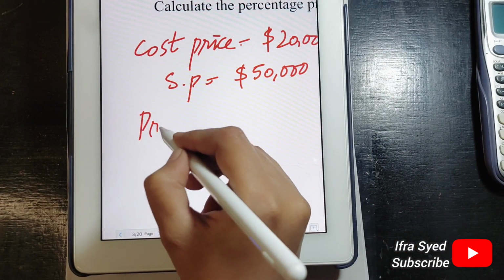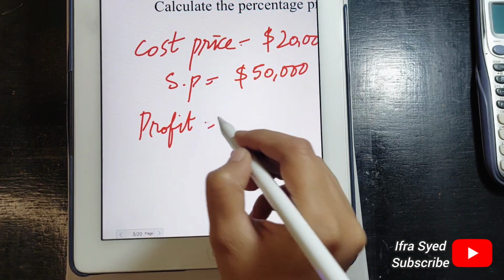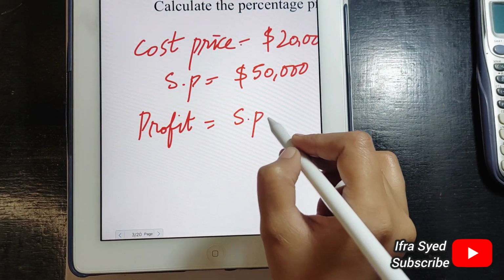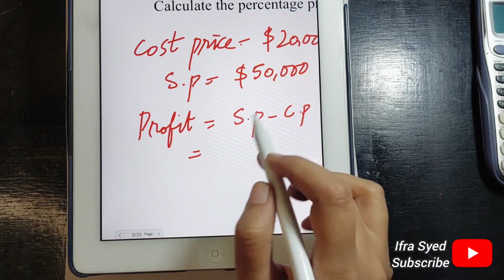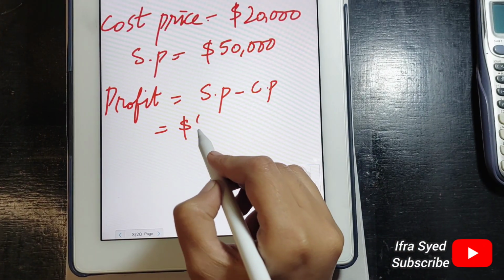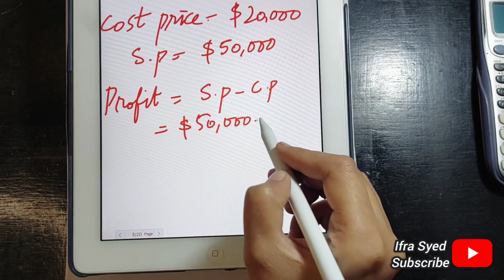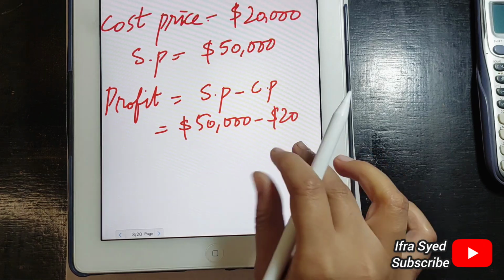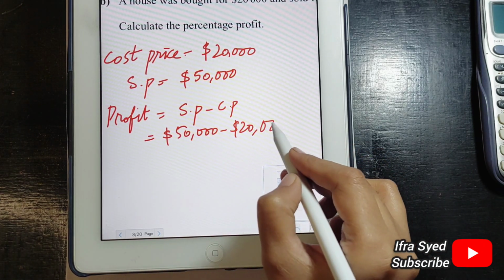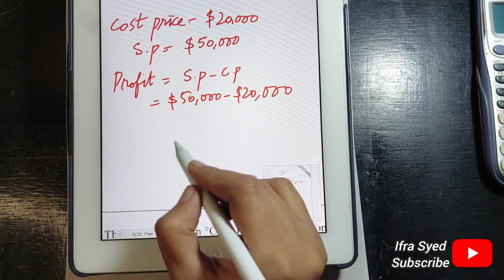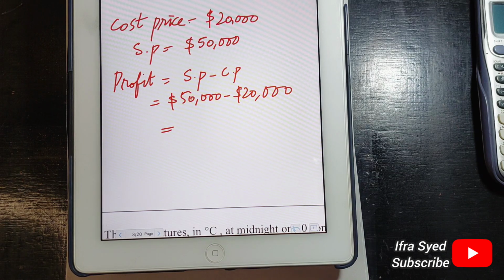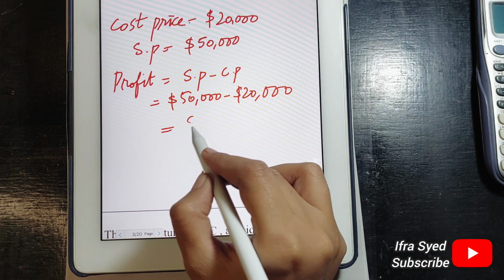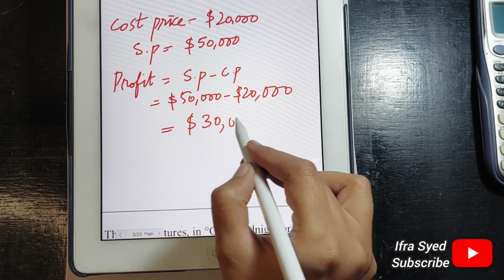Profit is equal to selling price minus cost price. So selling price is 50,000 minus 20,000. So 50,000 minus 20,000 is equal to 30,000. So the profit is $30,000.